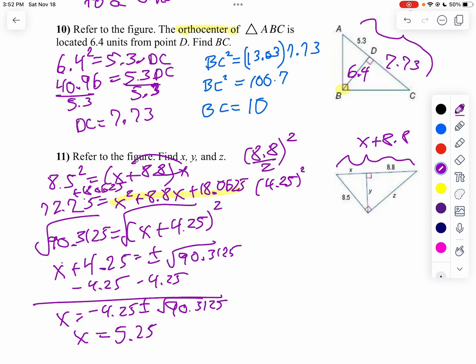So in other words, now x is 5.25. Now that I know x is 5.25, if I add that to 8.8, I know my entire hypotenuse is about 14.05.